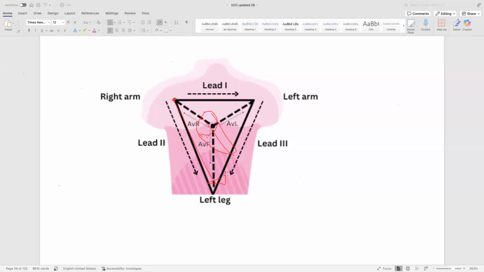And lead 1 also. Both should be positive.